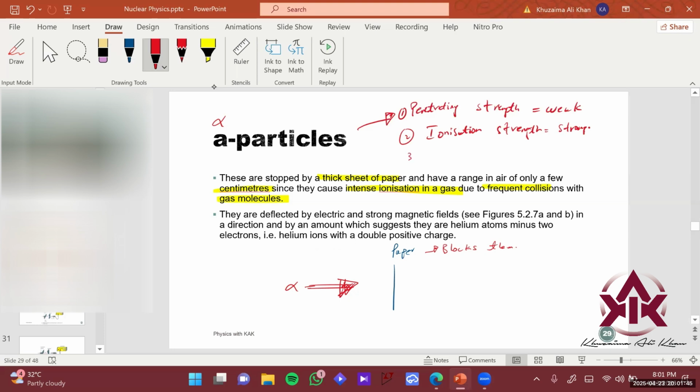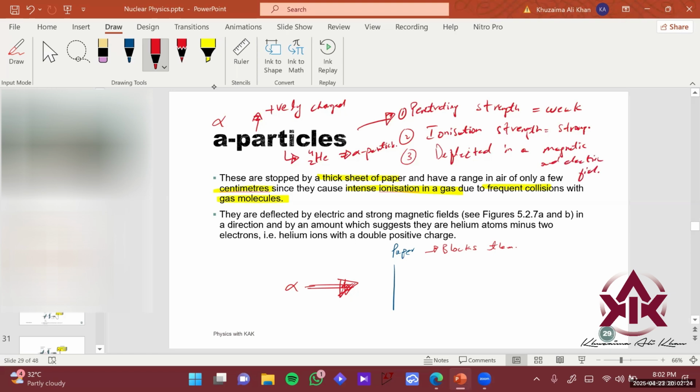Since they are positively charged particles, and the helium nucleus is basically an alpha particle, they would be deflected in a magnetic and electric field.